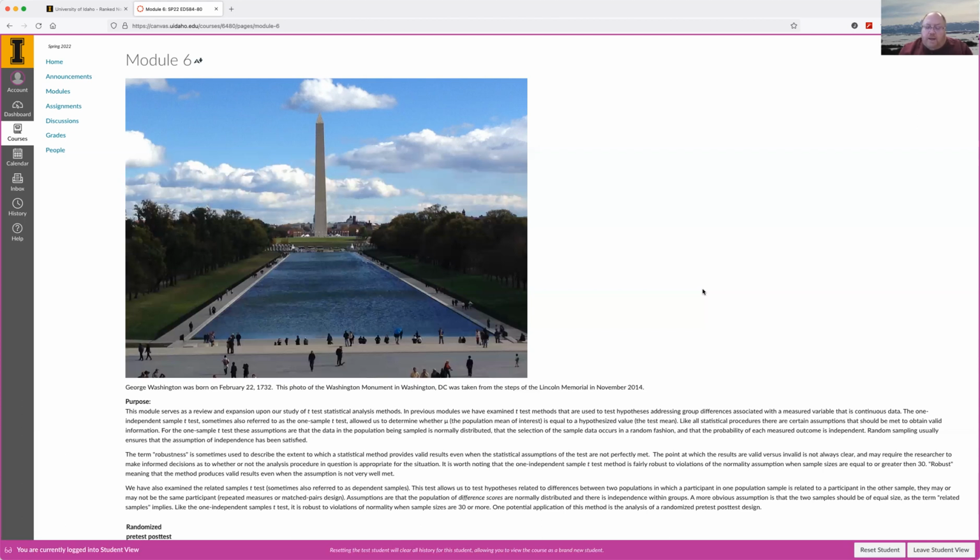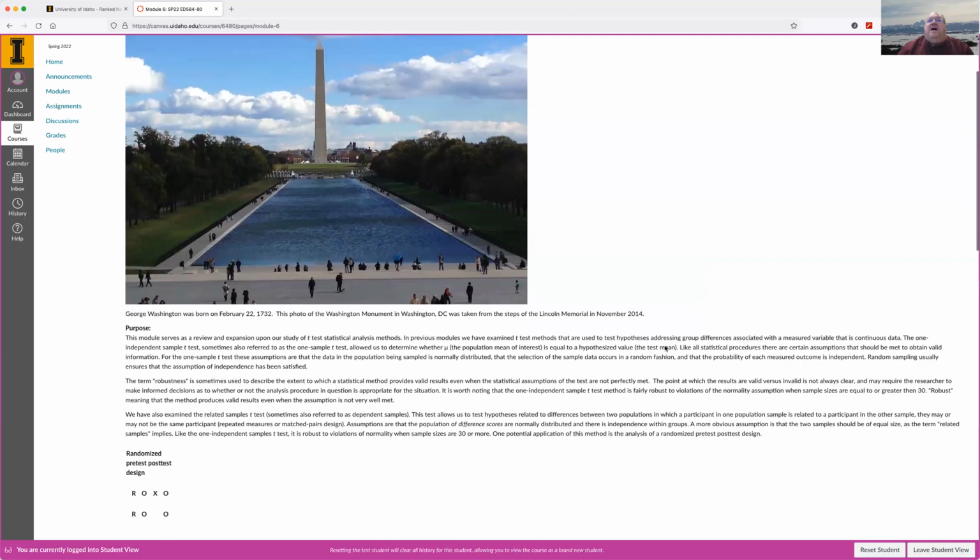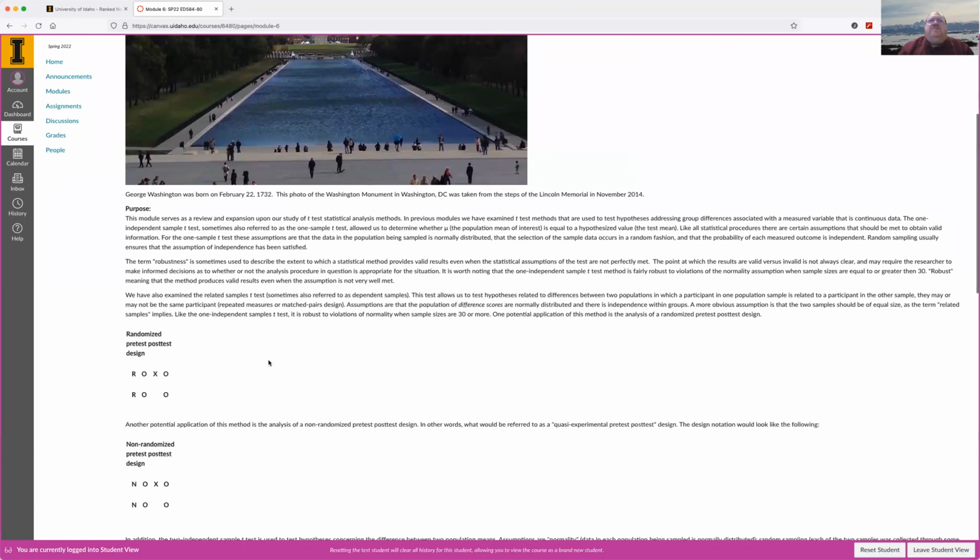Like the one independent samples t-test, it is robust to violations of normality when sample sizes are 30 or more. One potential application of this method is the analysis of a random pre-test post-test design. And you see that here.